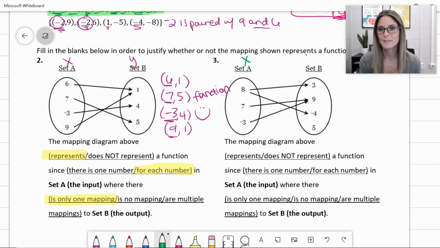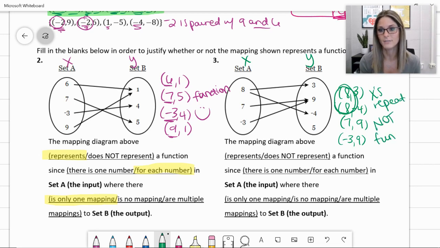Our set A mapped with set B. Our ordered pairs look like 8, 3, 8, -4, 7, 9, and -3, 9. Now, what do we do? We check and see are our x's repeating, and absolutely, x's are repeating. X's repeat, therefore it is not a function, sad face.